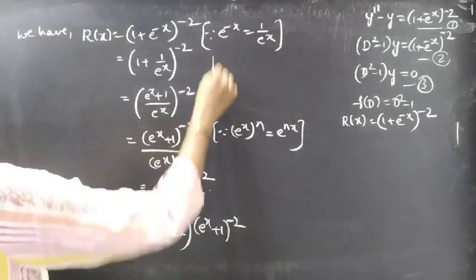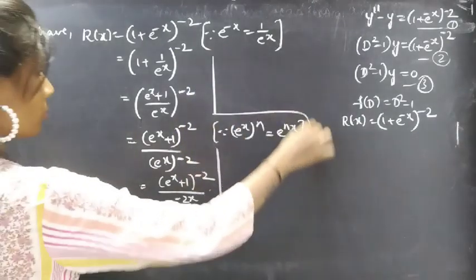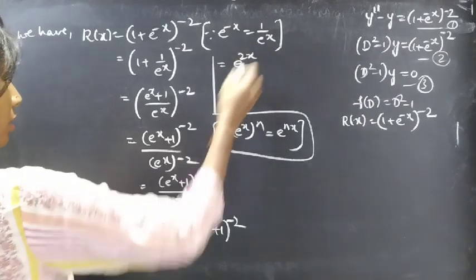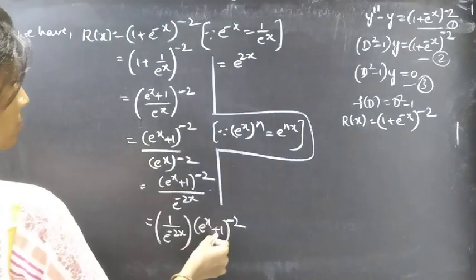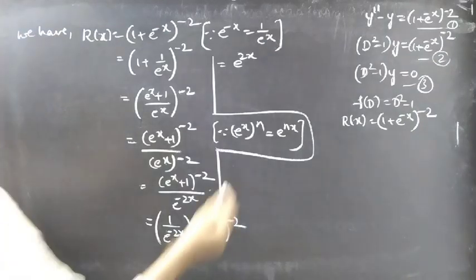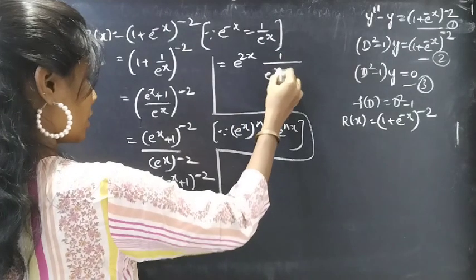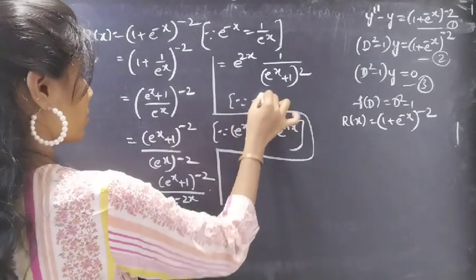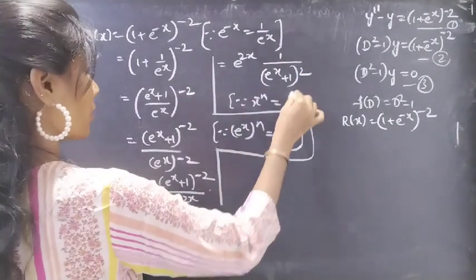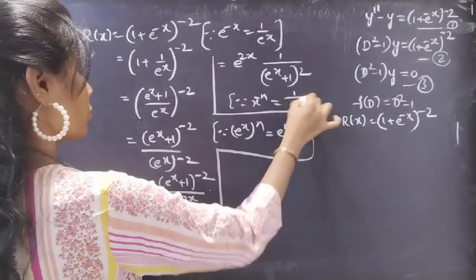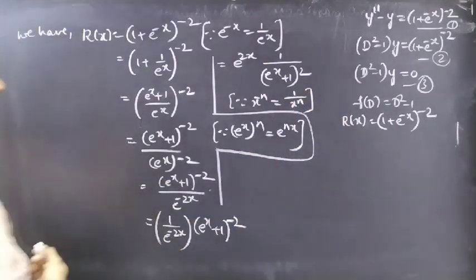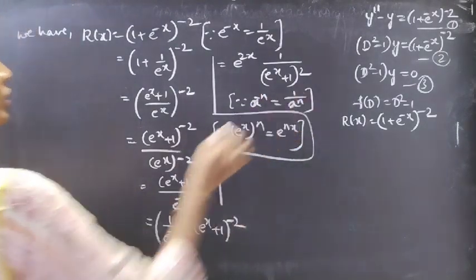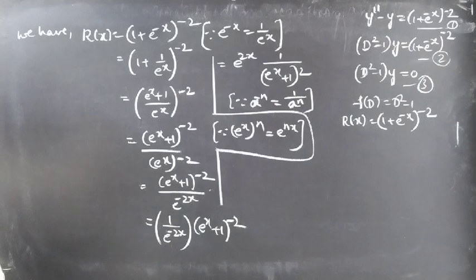We know that the reciprocal of e power minus 2x is e power 2x, and we can write (e power x plus 1) raised to the power minus 2 as 1 by (e power x plus 1) whole square, since x power minus n equals 1 by x power n, right? Or some a power minus n can be written as 1 by a power n.